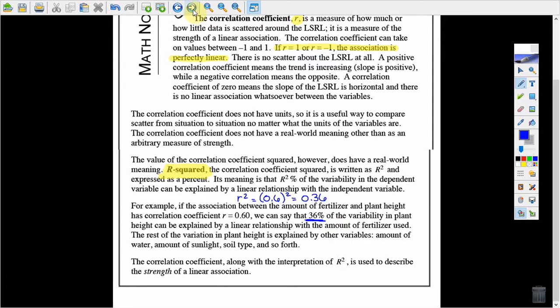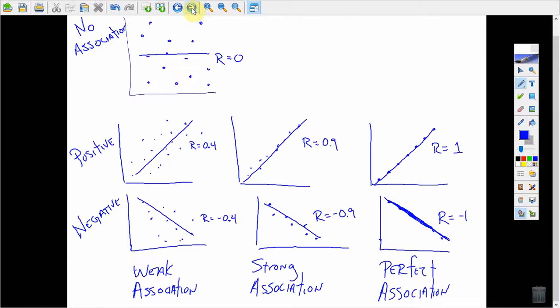If we were to go back to this little thing I drew here, then our R squared would be 0.4 times 0.4, or 0.16, positive 0.16. But this would also have positive 0.16, because when we square a negative, we get a positive.